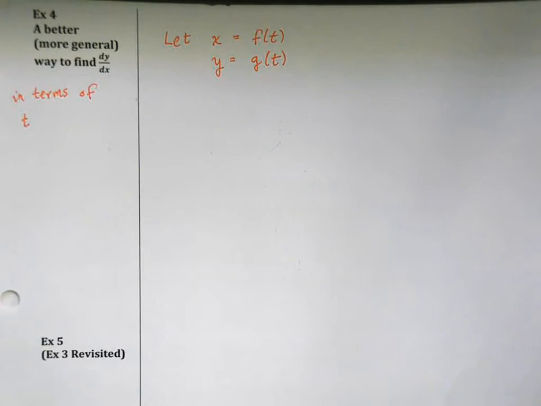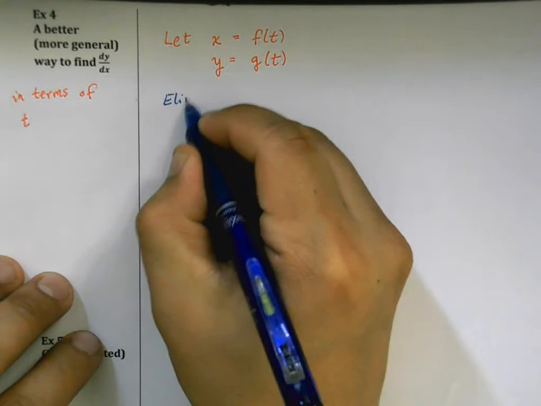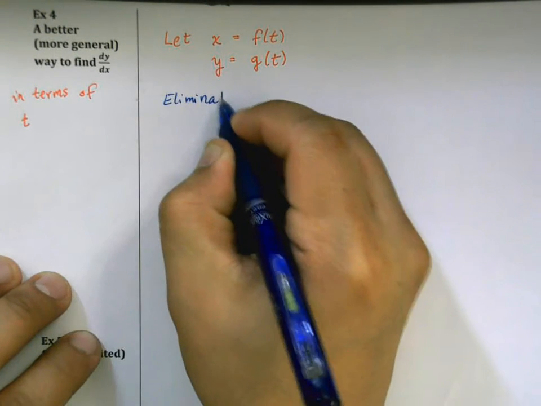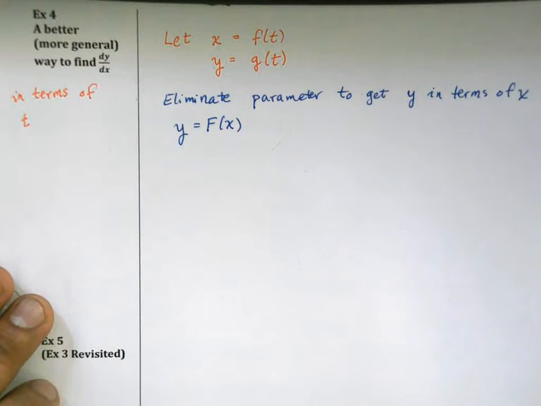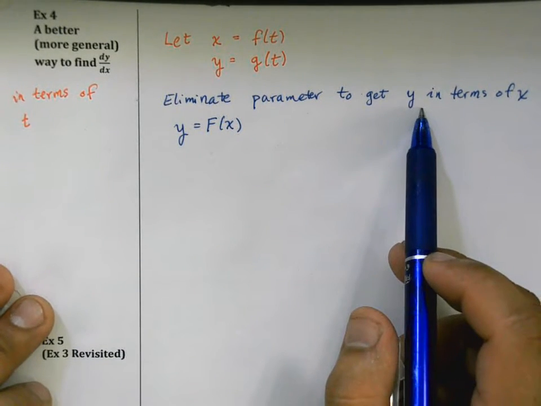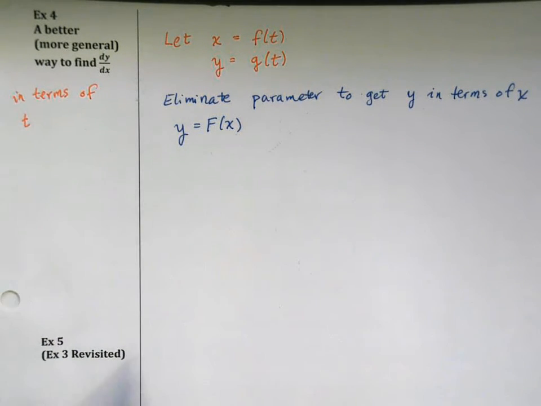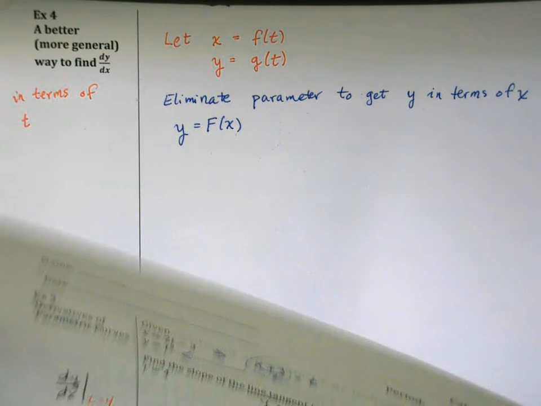Okay? And then we can eliminate the parameter to get some new result. So let's say that we could eliminate the parameter to get y in terms of x, and we'll just call that function big F of x, okay, just to distinguish it from little f of t.